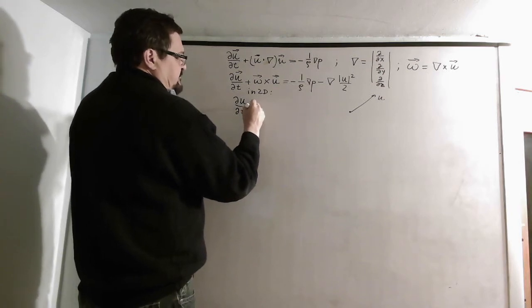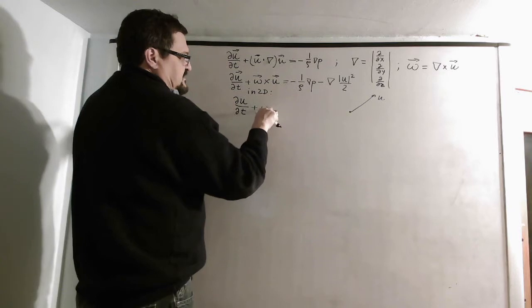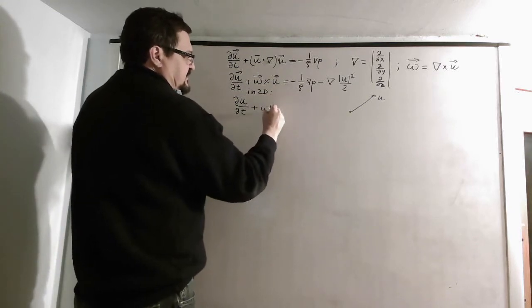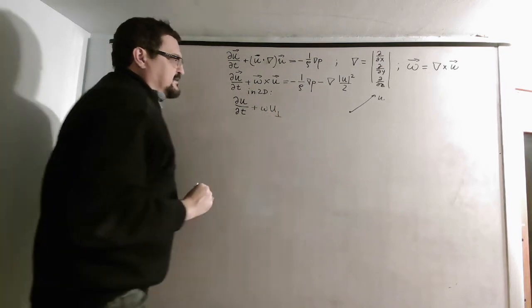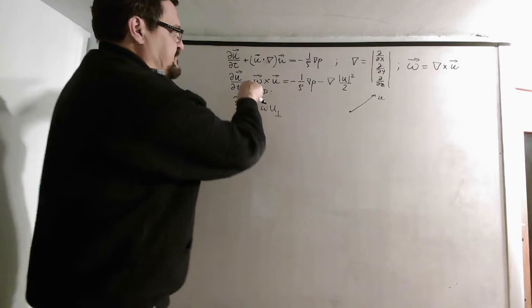So we have plus omega times u, which is perpendicular to this vector, right? Because of this vector product.